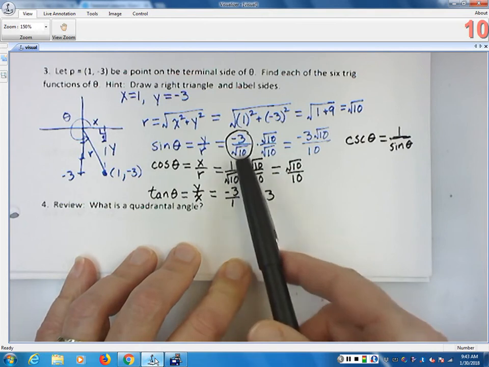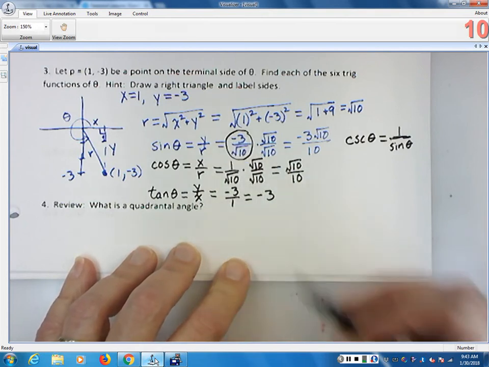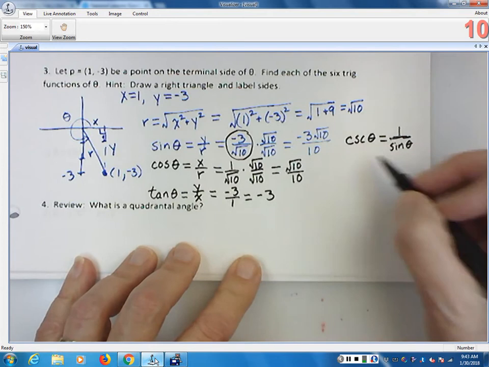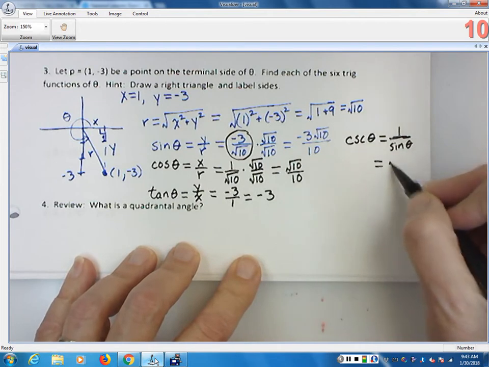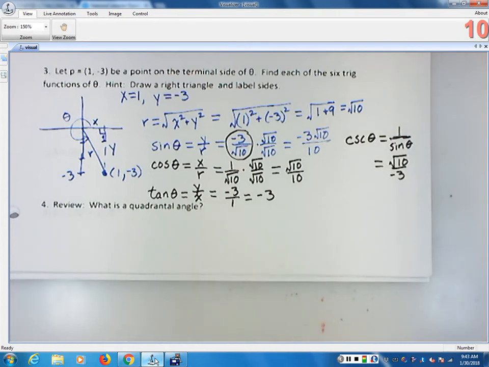I'm going to take the unsimplified version before we rationalize the denominator, and take the reciprocal of that. So that's the square root of 10 over negative 3. And you can put the negative sign out front, but that's the answer: negative square root of 10 over 3.